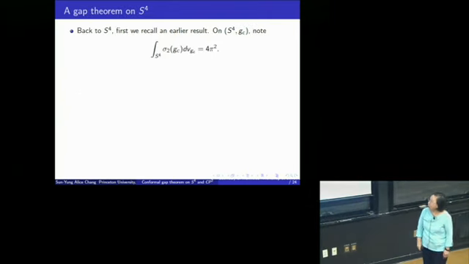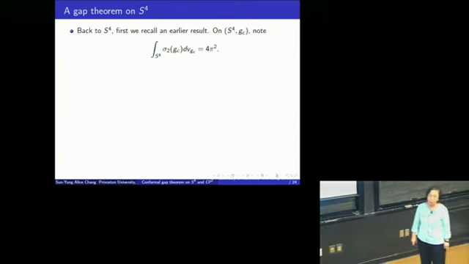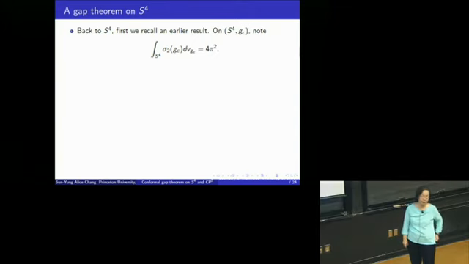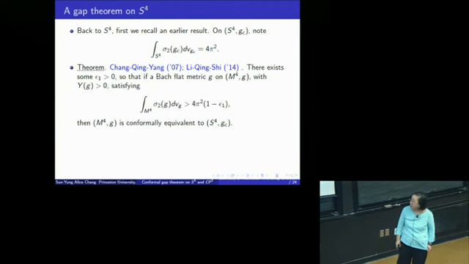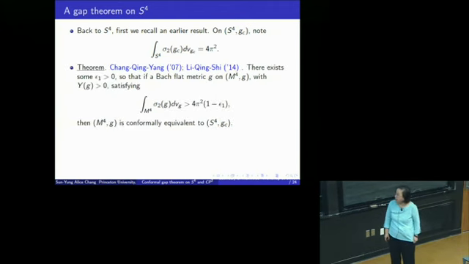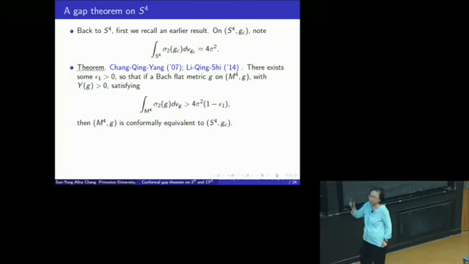Okay. So now let me first go back to S4 and talk about a gap theorem on S4. The standard S4 has the second functional equal to 4 pi square. And in the early work, we also say that this 4 pi square has a gap.